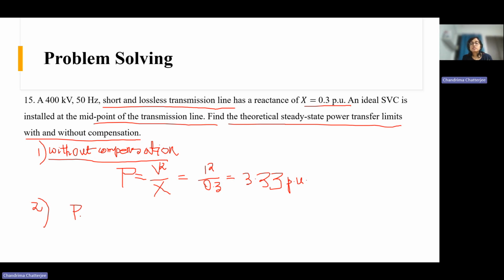So P max with compensation is 2 multiplied by 3.33, which is 6.66 per unit.